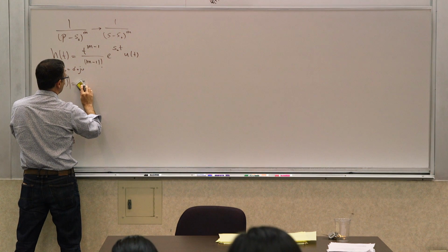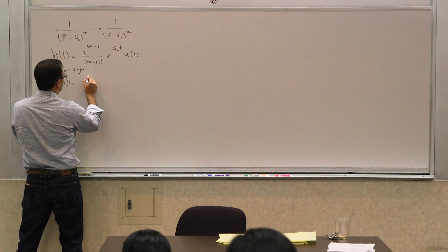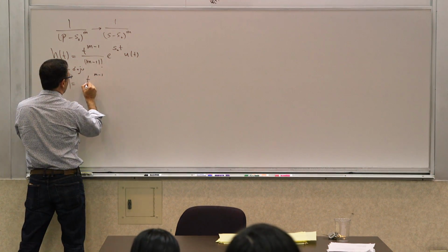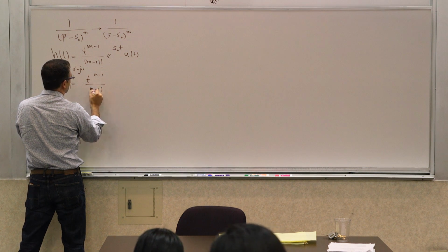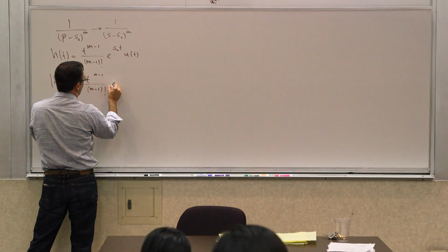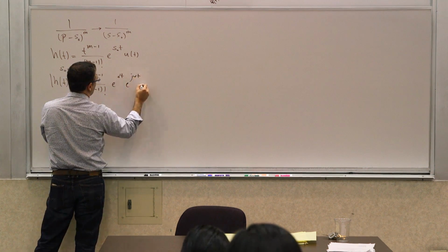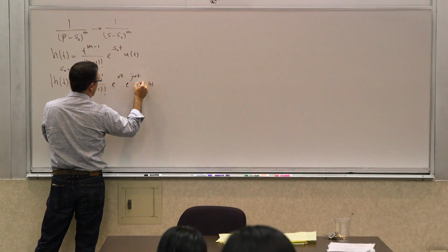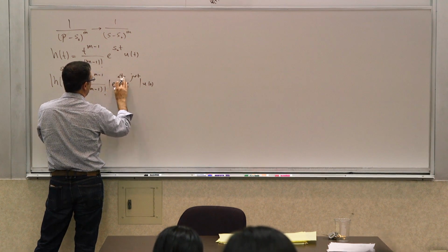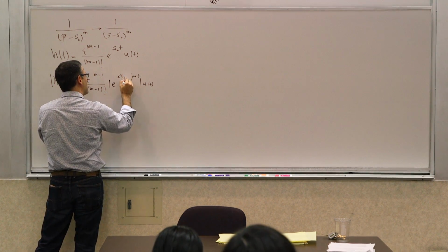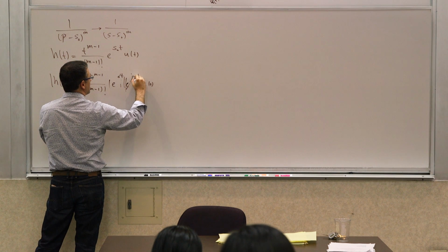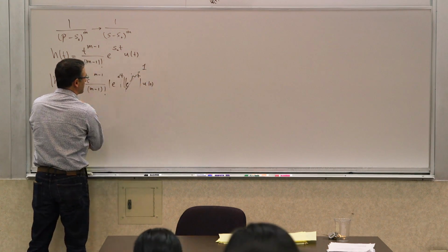Well, it's positive t, so for positive t's, I don't need an absolute value. And then this becomes e to the sigma t, e to the j omega t, u of t, and the magnitude of this and the magnitude of that collectively give you a magnitude of 1, so that's what you're left with.